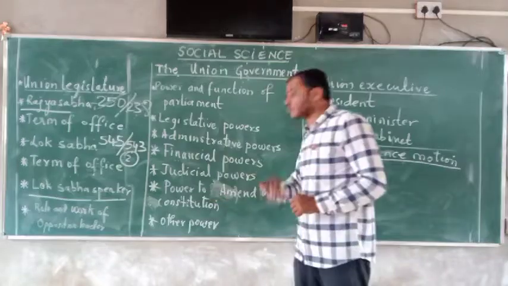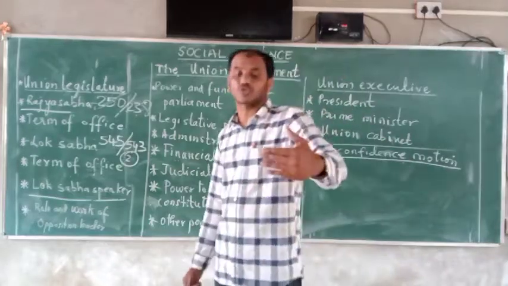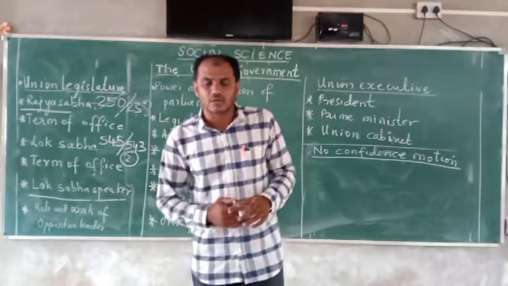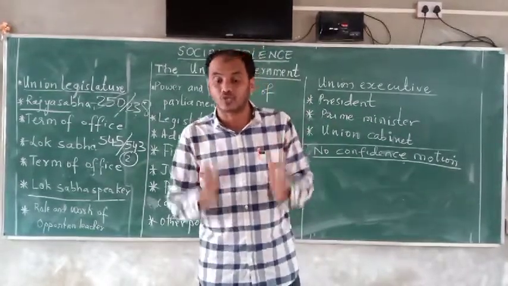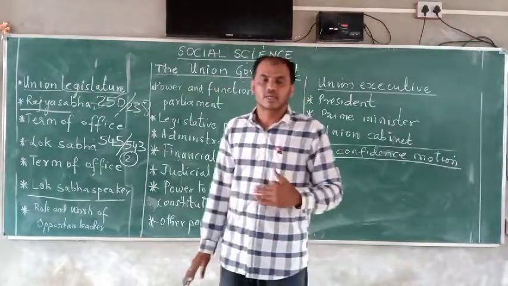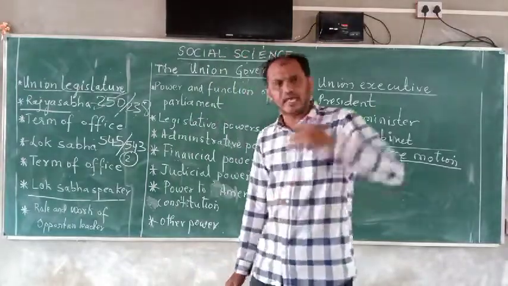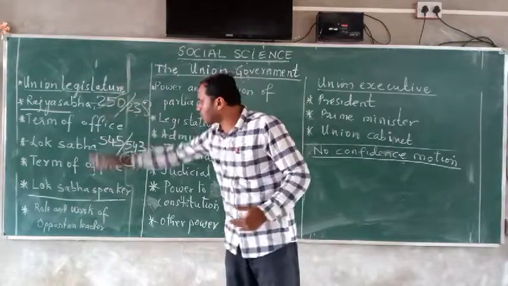Next, power to amend the constitution. Here, both the houses of the Parliament have equal power to amend the constitution. The amendment bill can be presented in any house, in the Rajya Sabha or in the Lok Sabha.